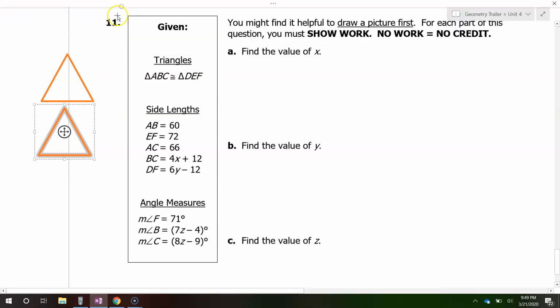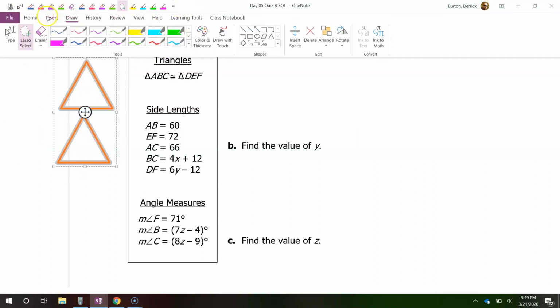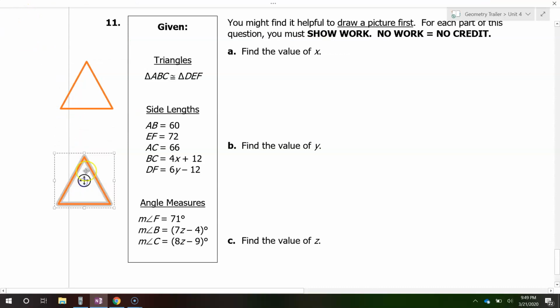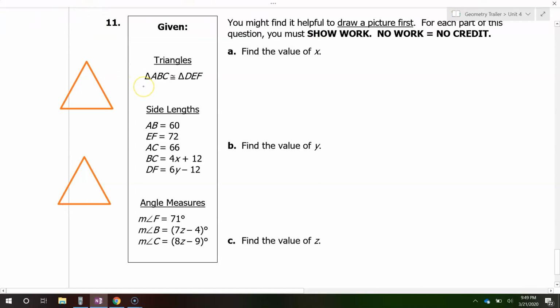I'm just going to move these over a bit. Okay, so one triangle is ABC. So here's triangle A, B, C. And that's congruent to triangle DEF. So I'm going to go in the same order, D, E, F.